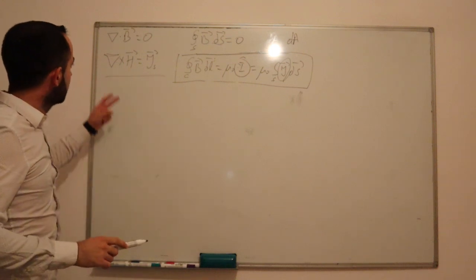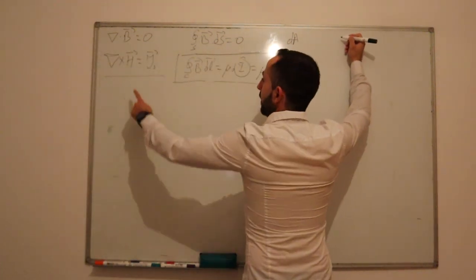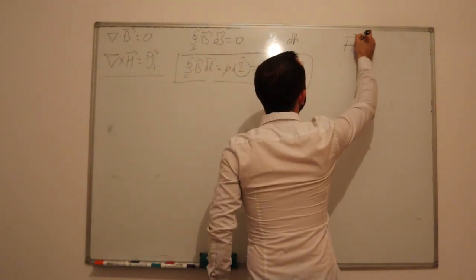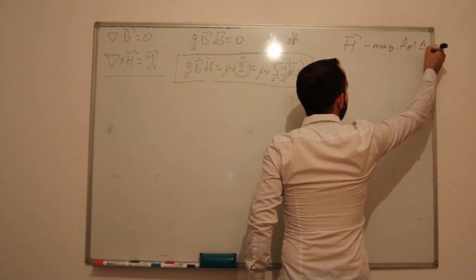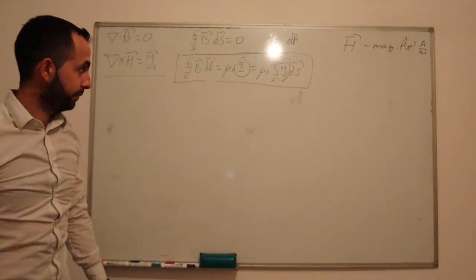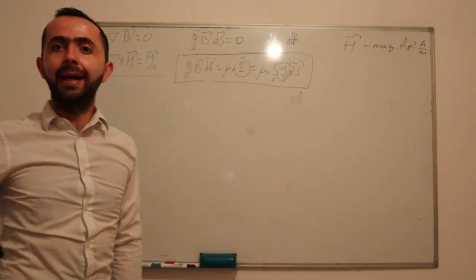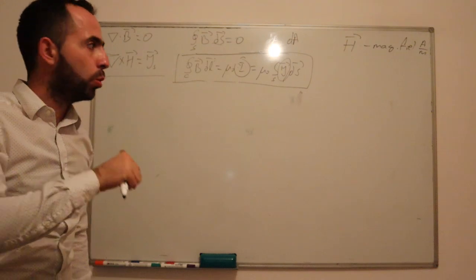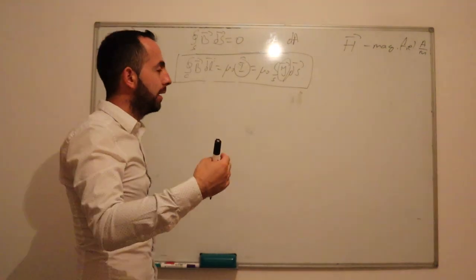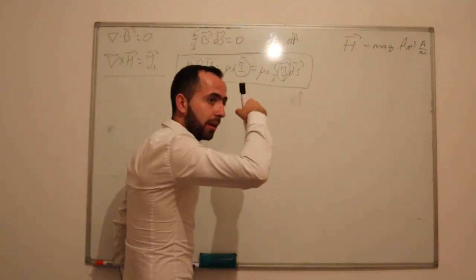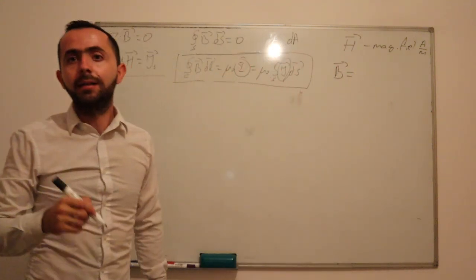So first, what is B, what is H? H is the magnetic field. The unit is amps per meter. But what is B? B is the same as what we had in electrostatics with electric fields. We had D in electric fields, which is the electric flux density. Also here, B is the magnetic flux density.